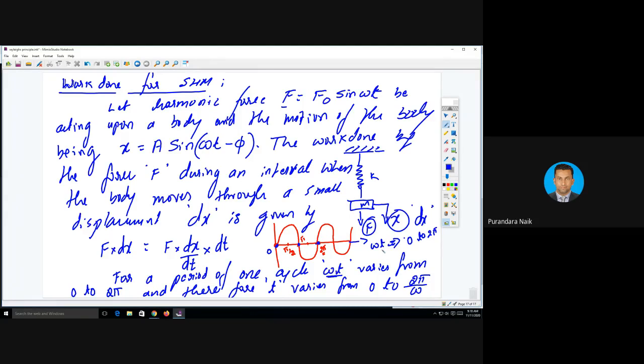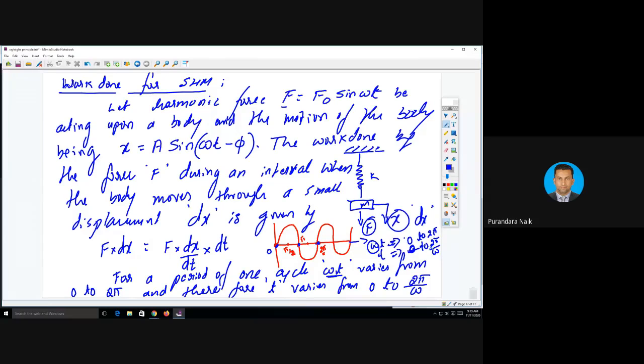If you take only t, it is 0 by omega, that is 0, to 2 pi by omega. So if you take omega this side, we get 2 pi by omega. So the time varies from 0 to 2 pi by omega for one cycle. Now we can find out the work done for one cycle.